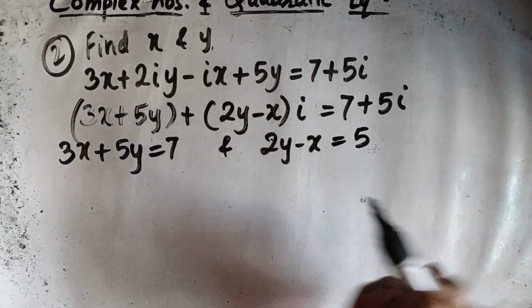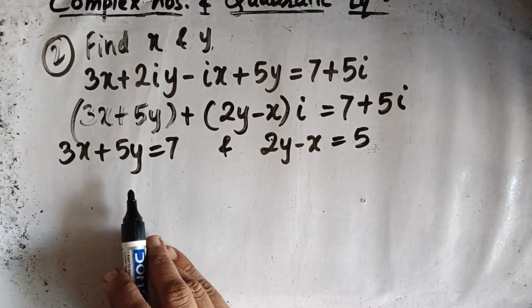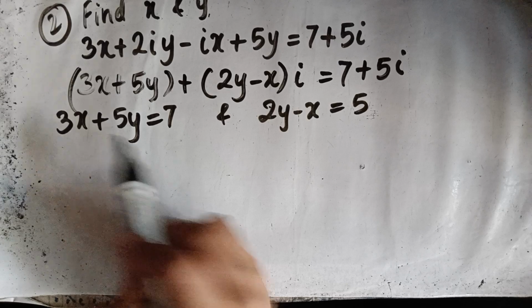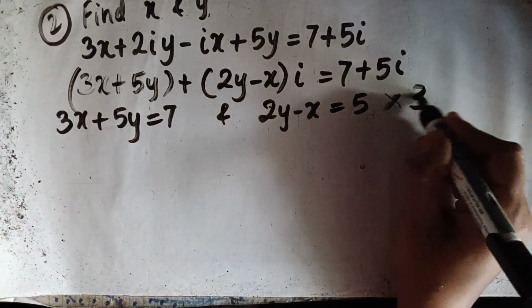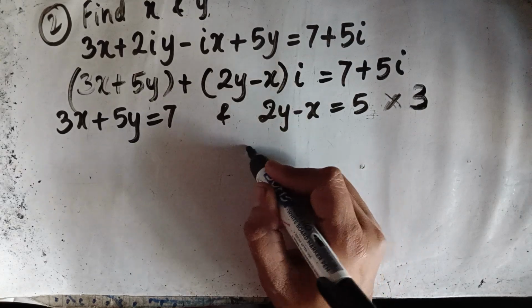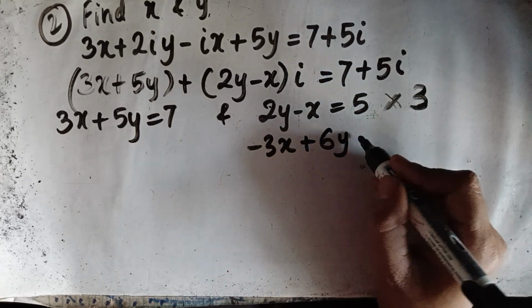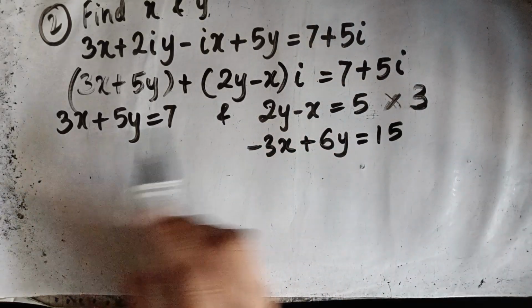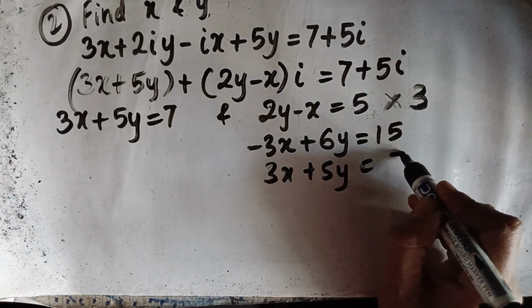Now these are linear equations in two variables. You can solve them by using the elimination method. So I'll multiply this by 3. So this is minus 3x plus 6y equal to 15, and 3x plus 5y equal to 7.